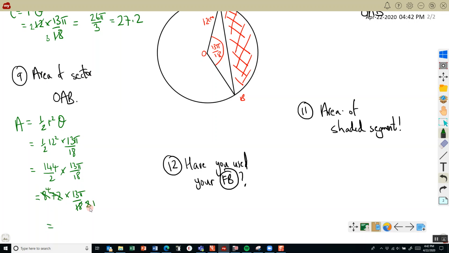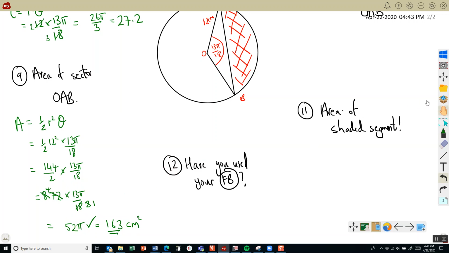So I get 4 on the top, 1 on the bottom. 4 times 13 is 52. So I get 52 pi. So I'd accept that as an answer. Or to 3 sig figs, 163 centimeters squared. That is the 3 significant figures. And please make sure that you can simplify these things, that you can get down to 52 pi.